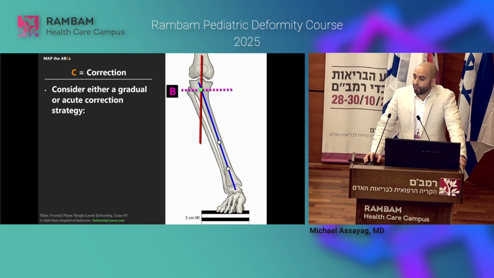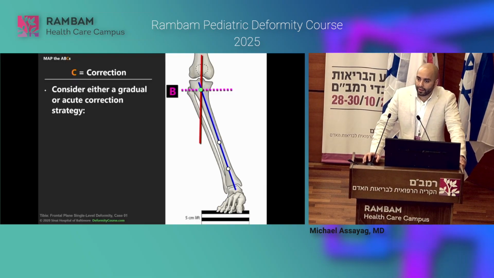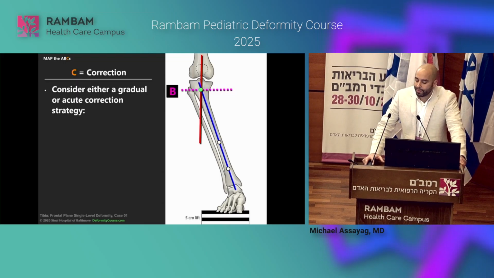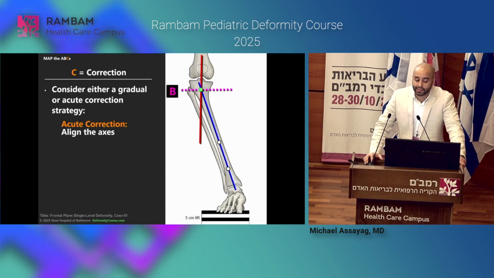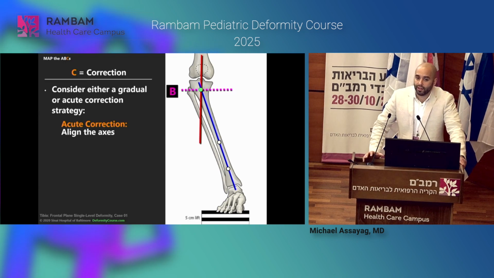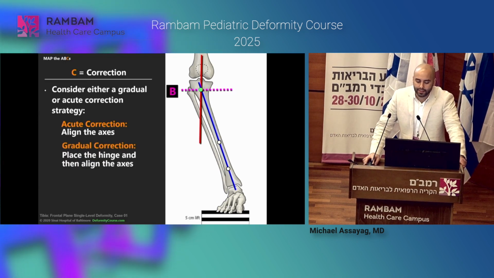Then you can decide if you want to do an acute correction and plating, an acute correction and nailing, a gradual correction with external fixation, and that depends really on which methods you have access to in your reality, in your practice. However, in each eventuality, in each scenario, you want to realign the axes.